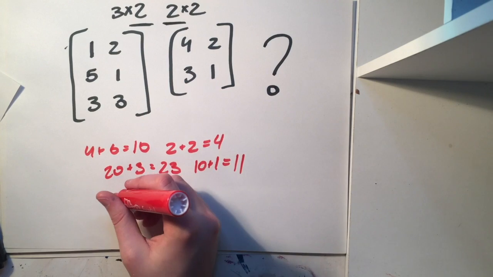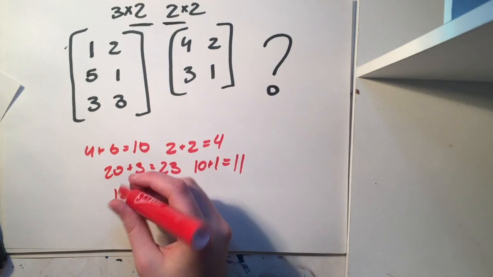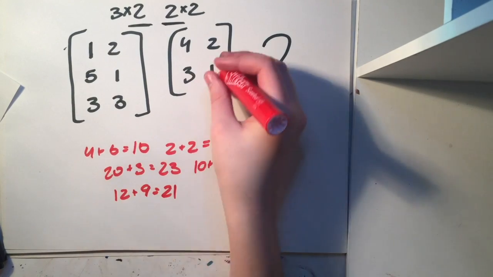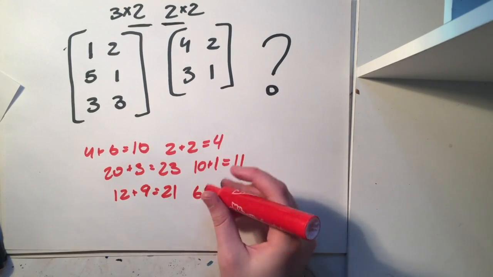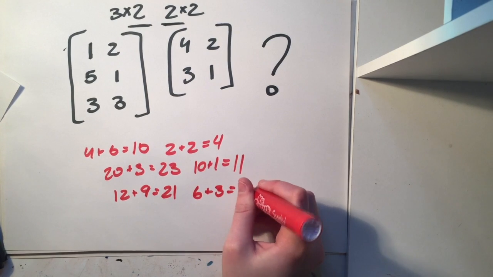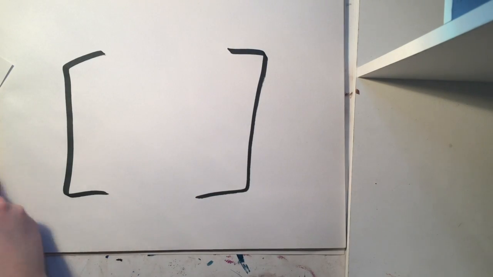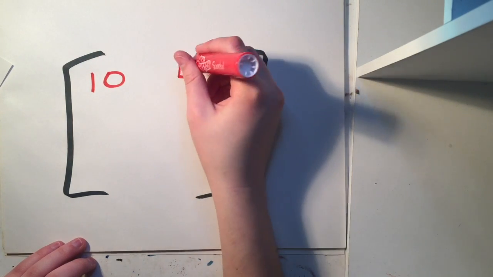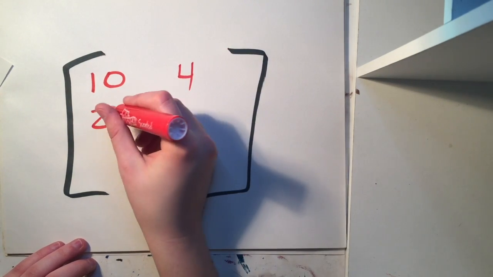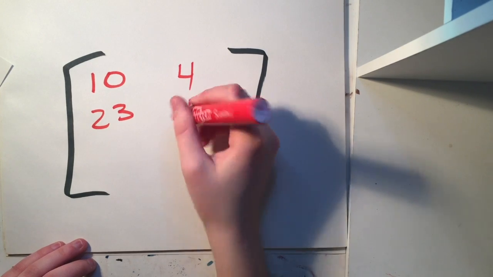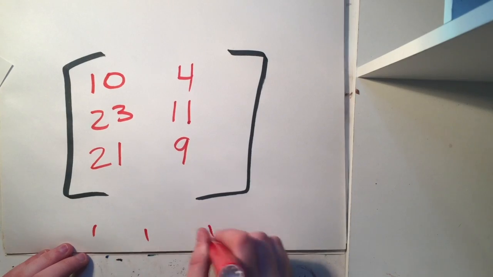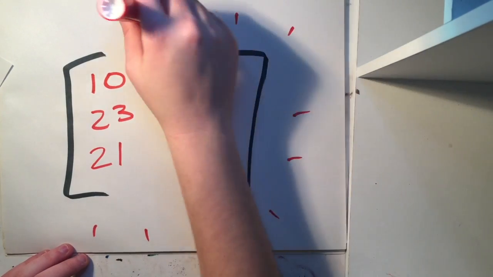Then 3 times 4, which is 12, plus 3 times 3, which is 9, so we have 21. And then we have 3 times 2, which is 6, and 3 times 1, which is 3, which gives us 9. So our matrix ends up being this, and this is our final answer.